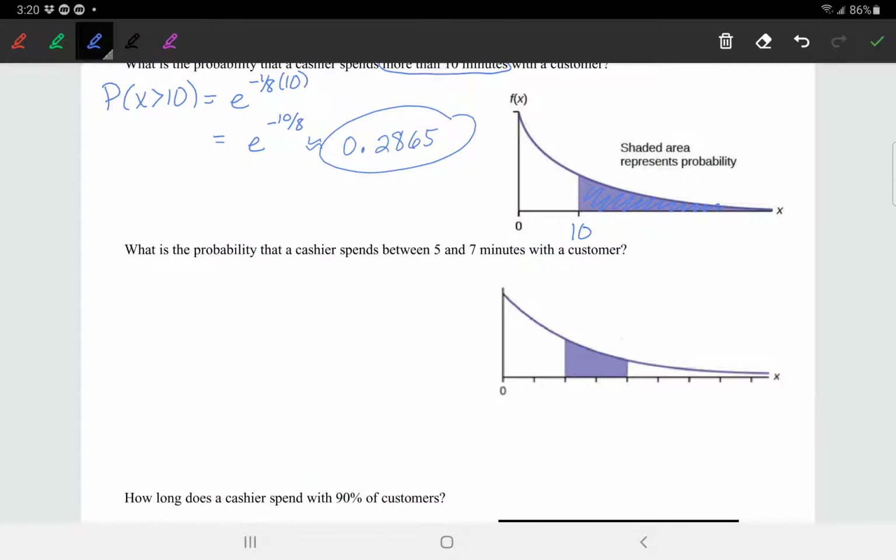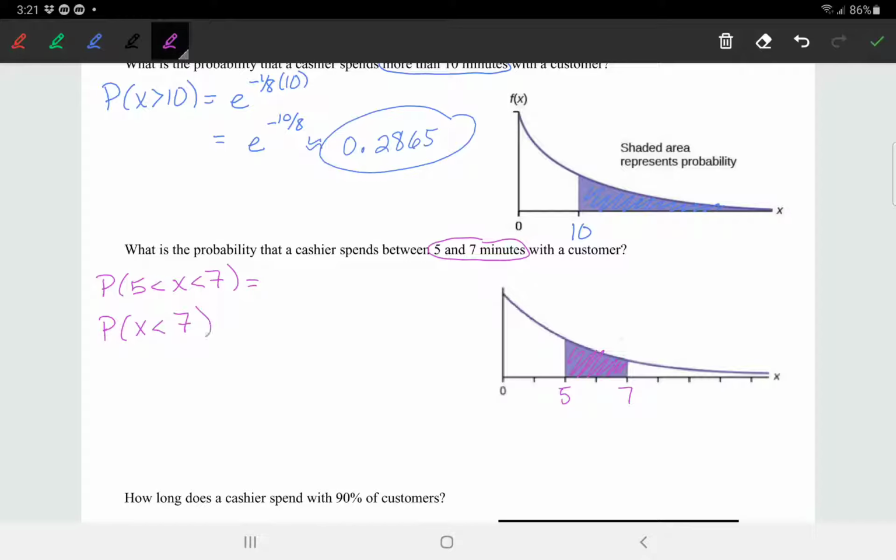And we can still calculate probabilities that go in between two variables. So if we're going in between 5 and 7 minutes, here's 5, here's 7, we're looking for this area. But we do have to get a little creative about that. So the probability that x goes in between 5 and 7. We don't have a specific formula for this, so what we're going to have to use is geometry and know that that then is the probability that x is less than 7.